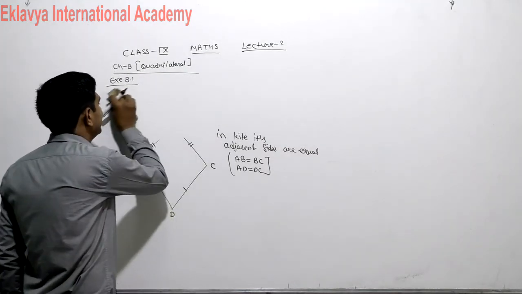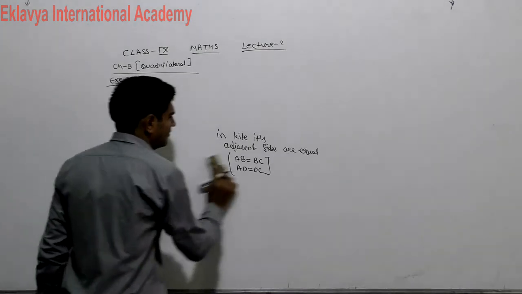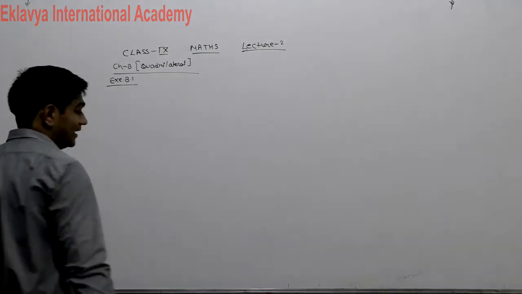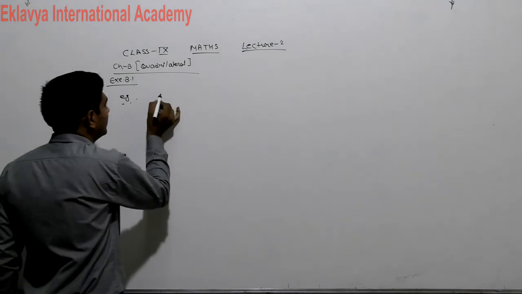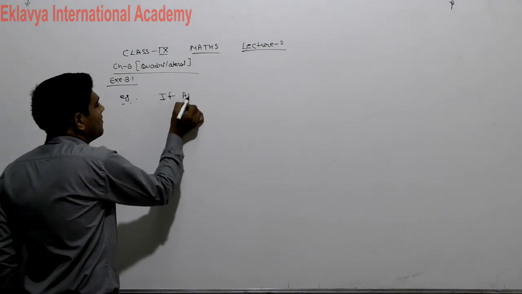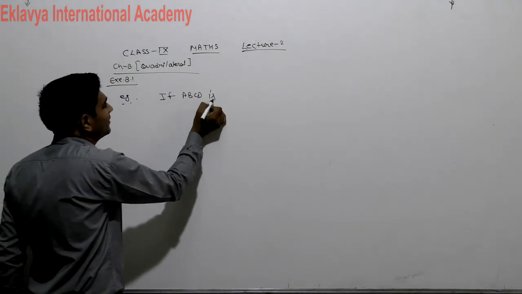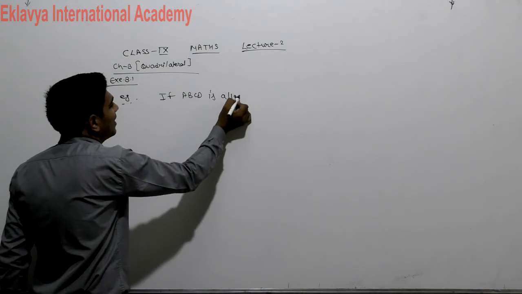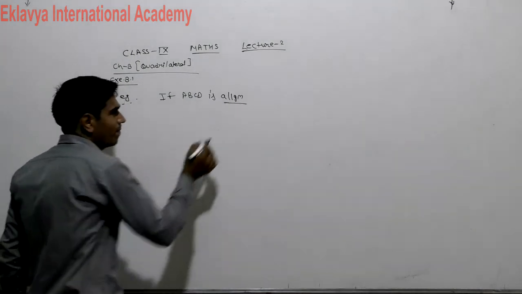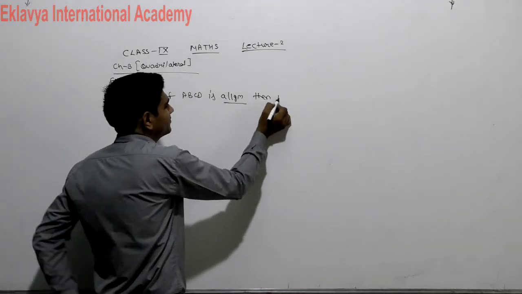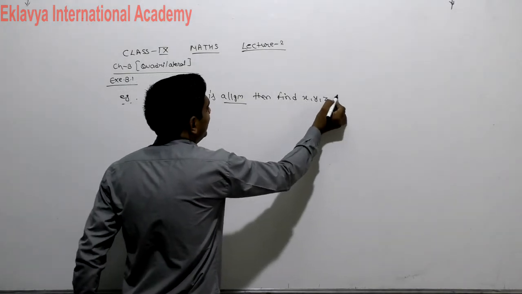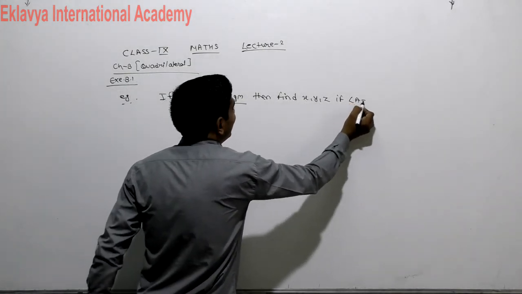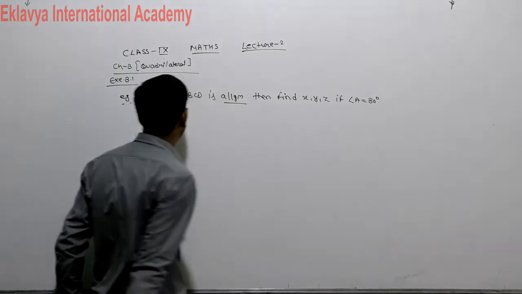Now we will discuss general questions based on the quadrilateral. Question number first. If ABCD is a parallelogram, then find X, Y, Z if angle A is equals to 80 degree.